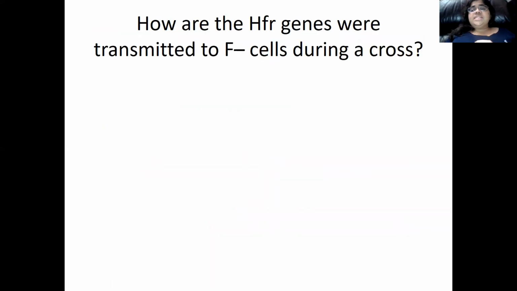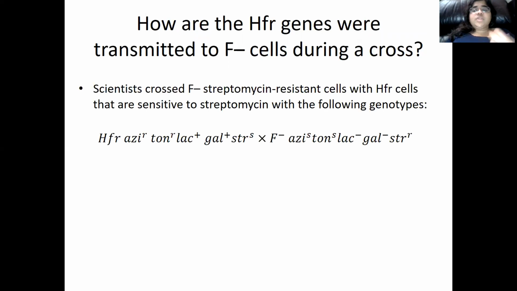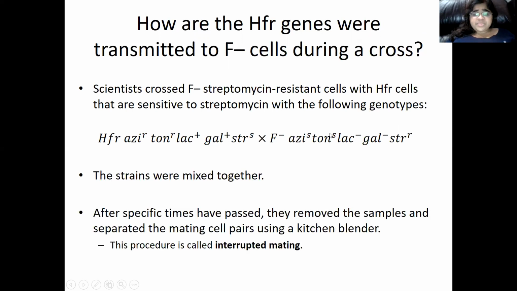So scientists started to investigate how the HFR genes are transmitted to F negative cells during a cross. They tried to study this with two bacterial strains, two different genotypes. They mixed them together, and after specific times they took samples, put them into a blender and shook it.